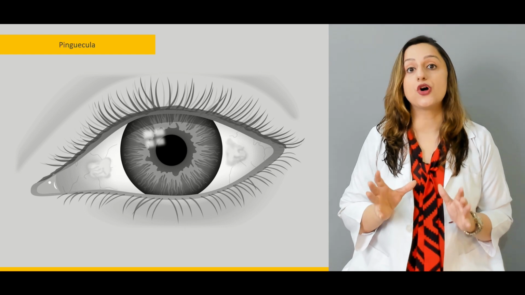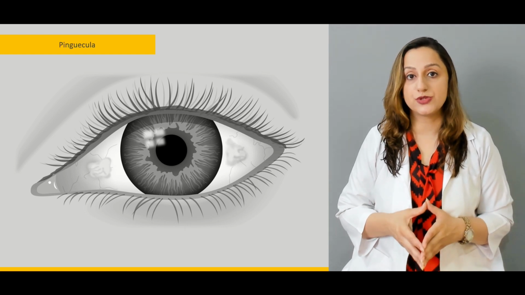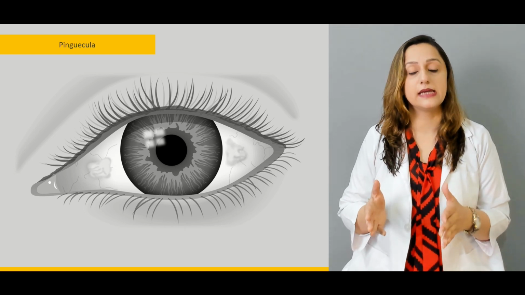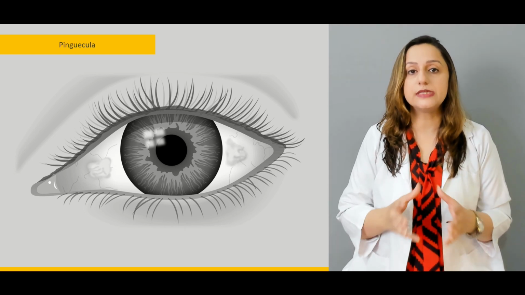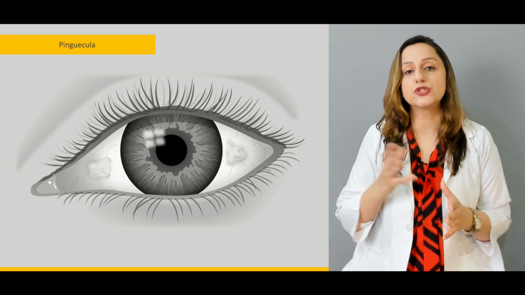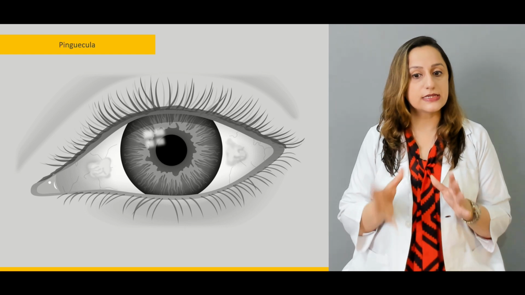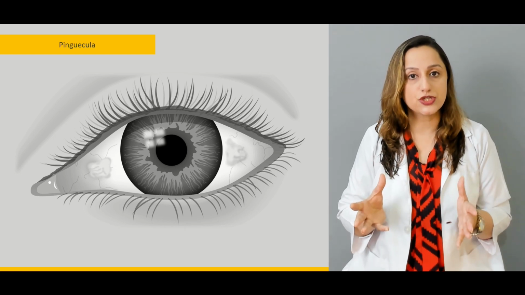That is the commonest shape that it is going to take in the conjunctiva. While on the other hand, Pingueculas are rounded masses, rounded yellowish white patches that are going to appear in the conjunctiva. So this is the most differentiating feature.